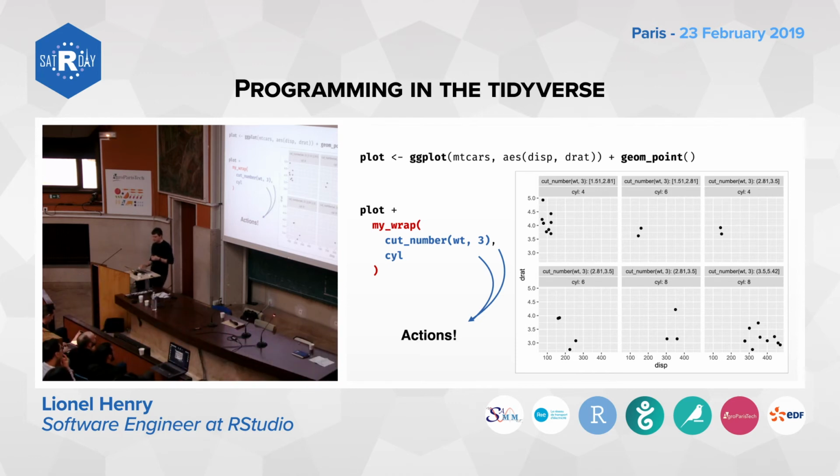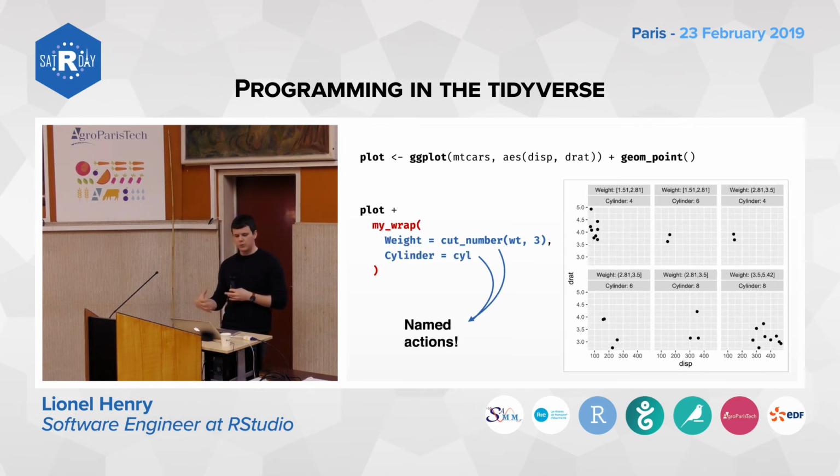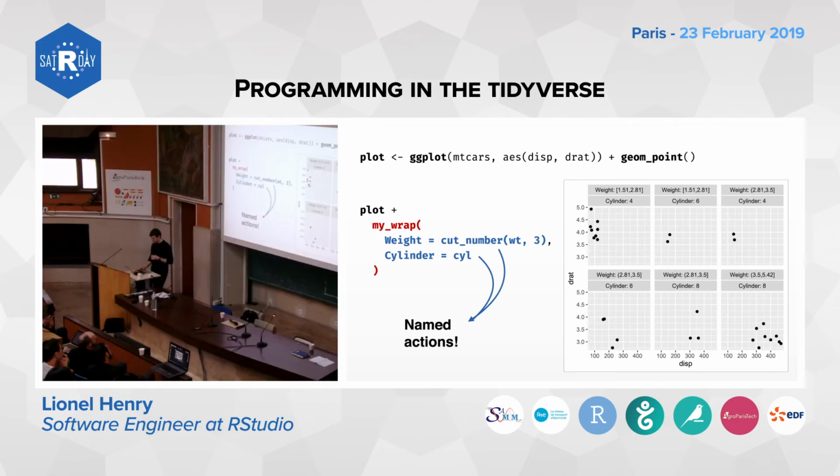So here we have passed a new vector, cut_number of weight, cut in 3. And so the title is not great. It's generated automatically. But it lets you pass an optional name, and then you get the right name in the title. So that's very useful.